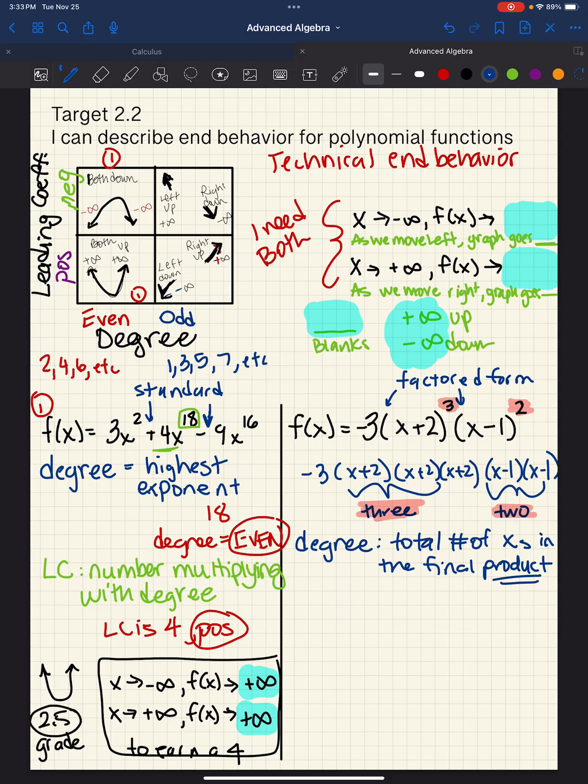So how many do I have? I'm using my laser pointer. I had 1, 2, 3, 4, 5, or through our shortcut of understanding that multiplication is just this idea of the total number, we can just add those. So I'm going to do 3 plus 2, which is 5, or odd. We have an odd degree.